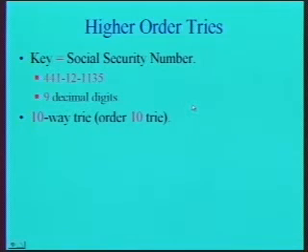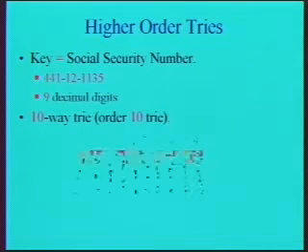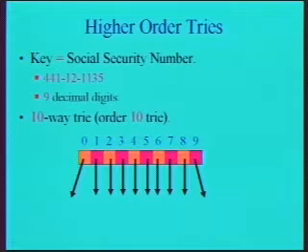Now, if we did 10-way branching, which means each branch node has a degree that is 10, then the branch nodes of our trie would look something like this. If the digit you're looking at is a 0, you go into that subtrie. If it's a 3, you go into this subtrie. If it's a 9, you go into that subtrie. So in 10-way branching, we would examine the digits in the key left to right using a base 10 decomposition of the key.